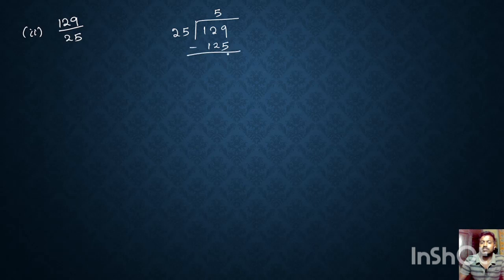So minus, that is 4. So put a decimal, that is 40. So 25 1 ja 25. Then minus, 15. So put a decimal, 150. 6 ja 150. So the answer will be equal to 5.16. Clear?